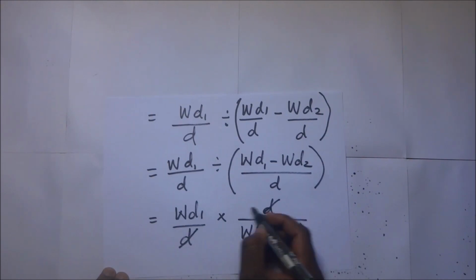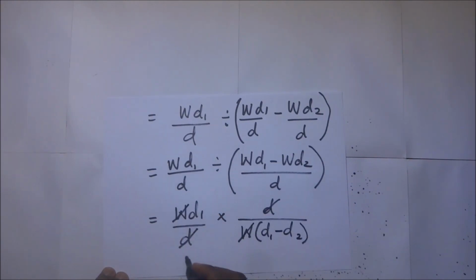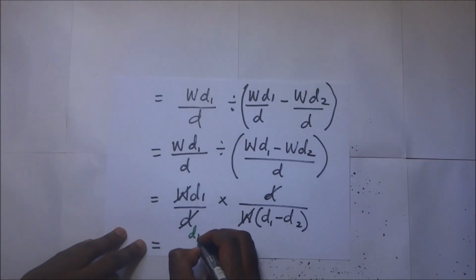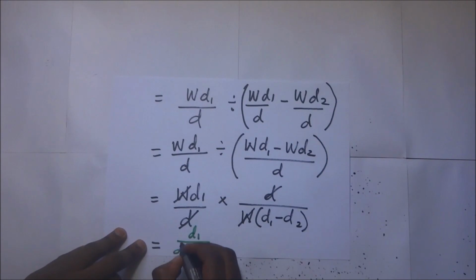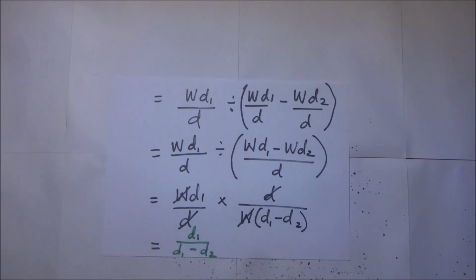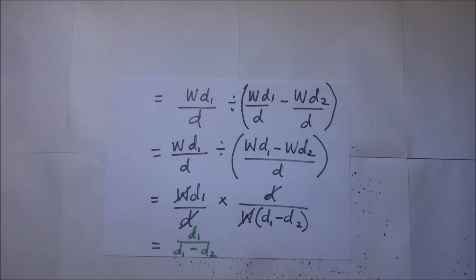This D goes with that D, this W cancels with that W. You remain with an expression such as D1 divided by D1 minus D2. And with that kind of expression, after using that experiment, you are able to measure the relative density of a solid using a balanced lever.